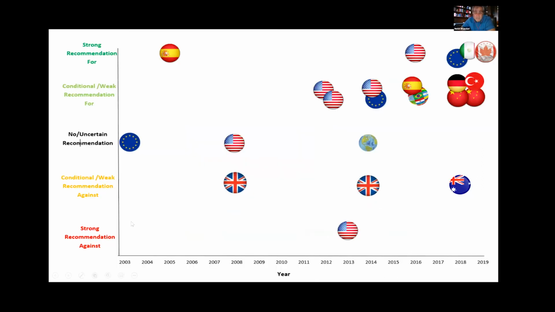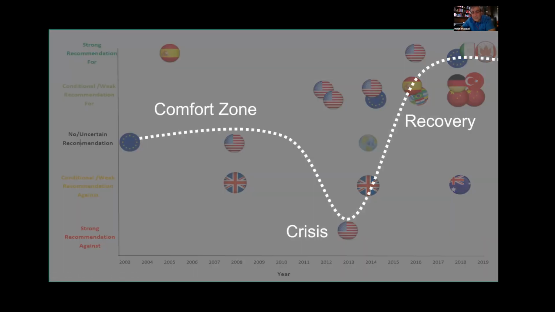If you look at the number of guidelines that were out, the top shows a strong recommendation in favor of HA versus a strong recommendation against. 2013 was this one particular American Academy guideline, but over time you saw this happen, right? If you perceived that there was value to using HA in terms of the evidence, there was a bit of a crisis, as it was no longer being used. Insurance agencies were looking at the guidelines and saying, well, we don't believe there's a benefit here. And then there's this period of recovery.